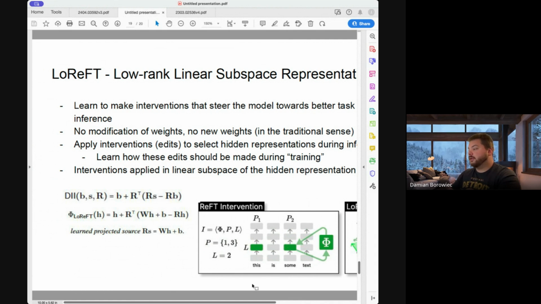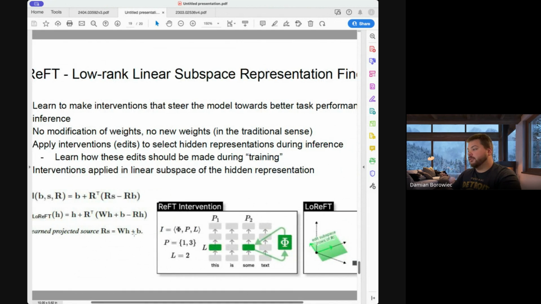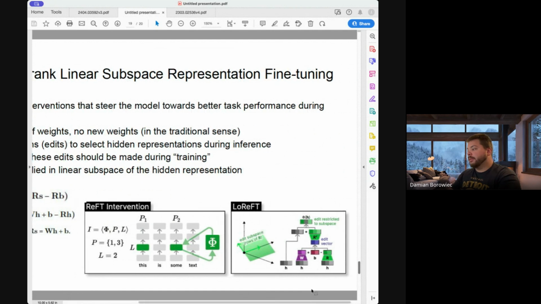They learn it using this weight plus the hidden representation, or rather, the multiplication of those two, the product. And the actual edits then happen within this restricted subspace, as opposed to on the actual representation itself. So they can be more restricted in how they make the edits.